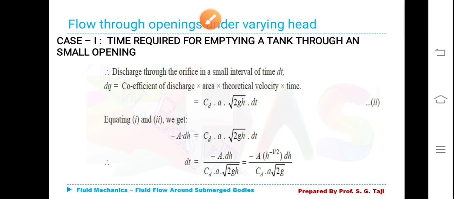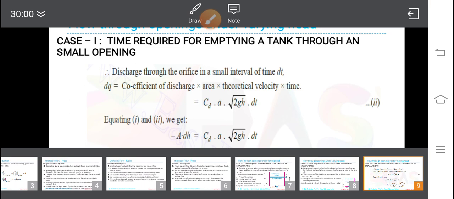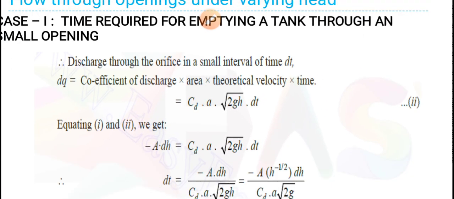Coming to this slide, this is equation 2. In the same time dt seconds, the discharge through the device is given by Cd a root 2gh dt. Now we can equate these two equations: minus A dh, where A is the area of the tank, equals Cd a root 2gh into dt, where small a is the area of the orifice, h is the head above the orifice, and dt is a small time.